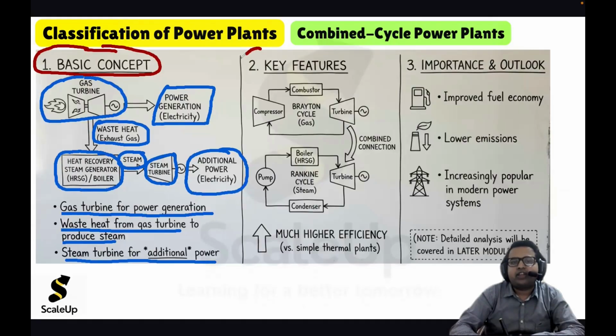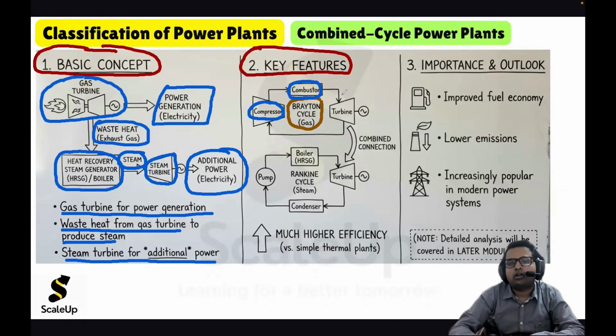If I talk about key features, basically two cycles are working simultaneously. We have the Brayton cycle for the gas, wherein we first compress the gas, then the combustor makes it hot. Then the hot gas rotates the gas turbine.